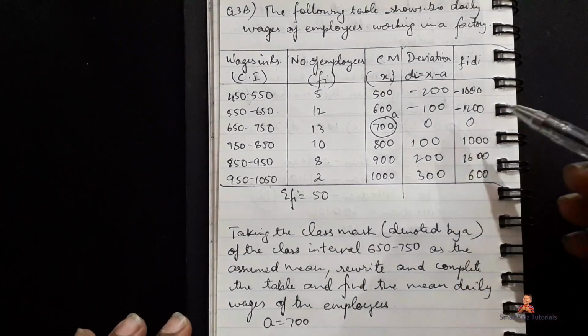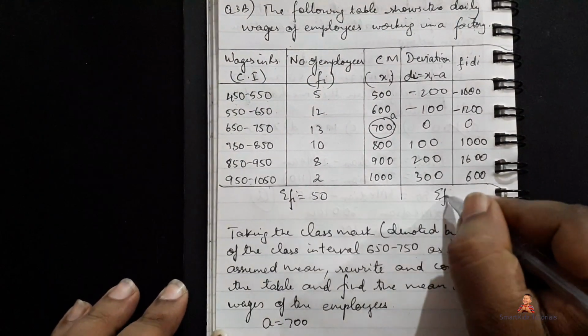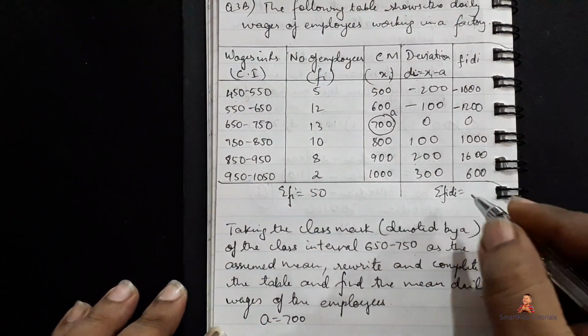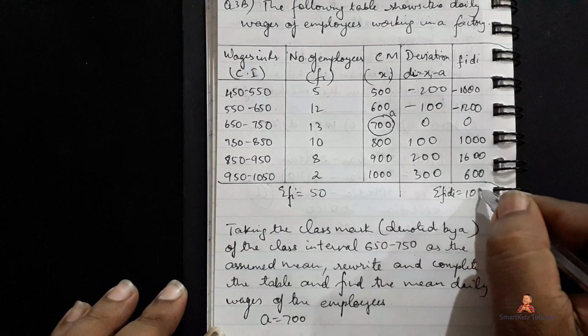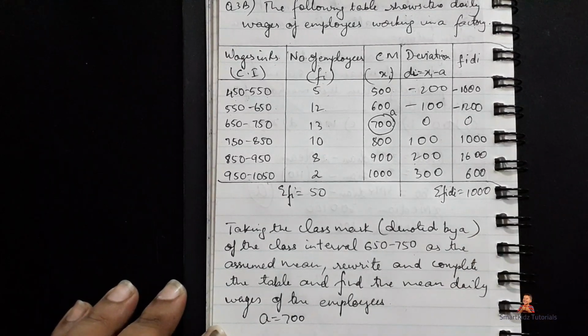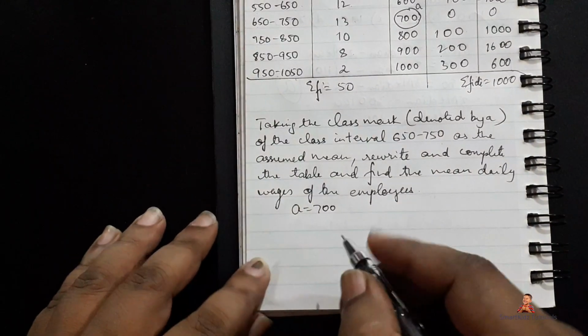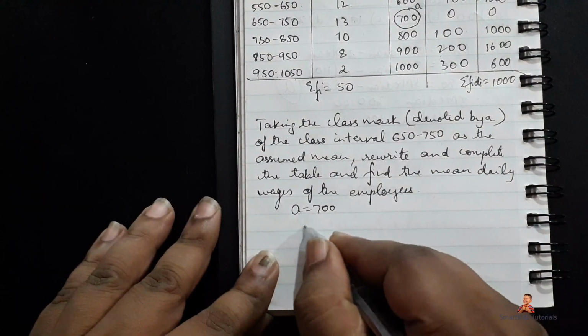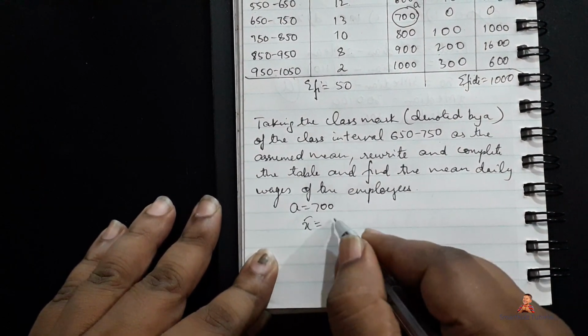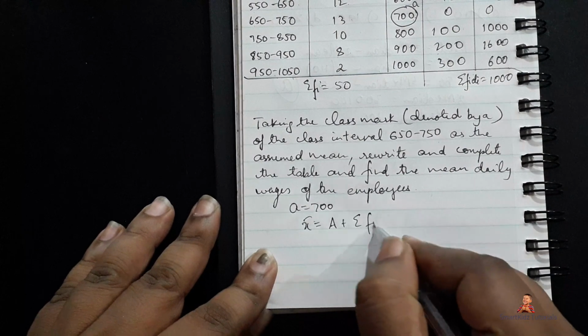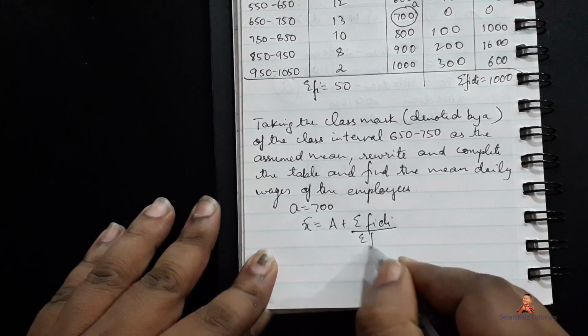So if we take out the total, we will get sigma Fi di equal to 1000. Next, to find out the mean, we will write the formula. So x bar is the assumed mean plus sigma of Fi di upon sigma of Fi.